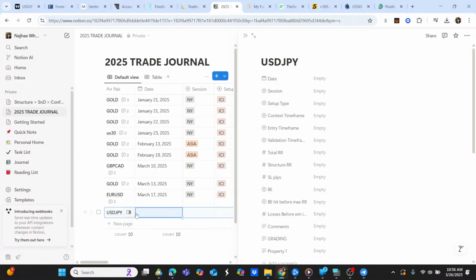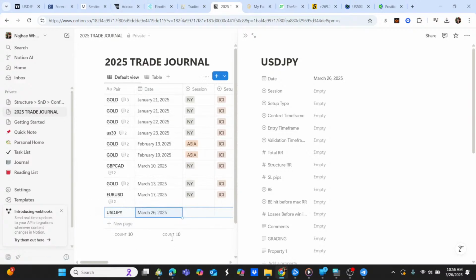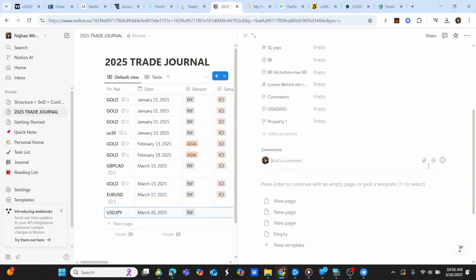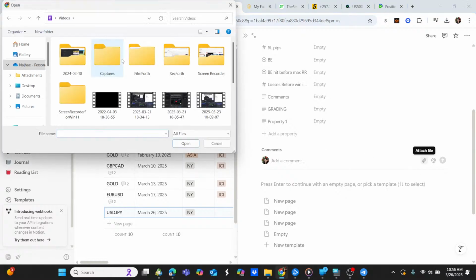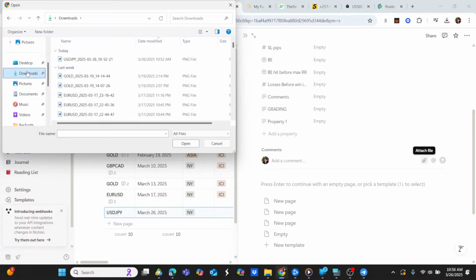All right, this is what I do. So I'm gonna change it to today's date. That's when I got a trade. It was New York session. Simply, I click right here, and I'm gonna get the image up. Downloads, just like that.